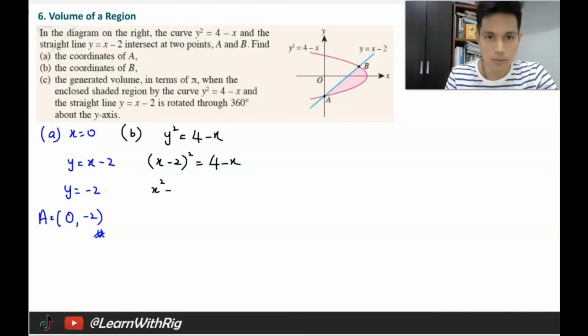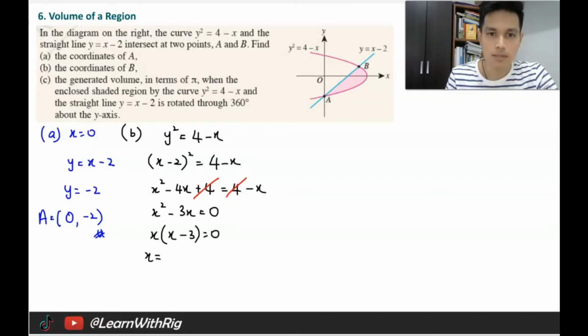So you substitute into the y value here: x squared minus 4x plus 4 equals 4 minus x. Here you can cancel each other. So your equation should be x squared minus 3x equals 0. You factorize x out, you get x times (x minus 3) equals 0.